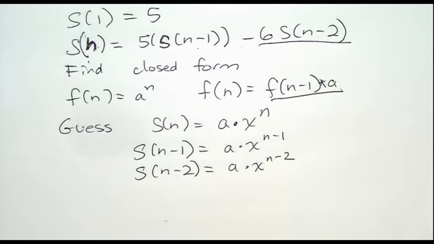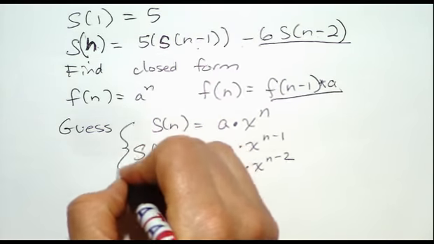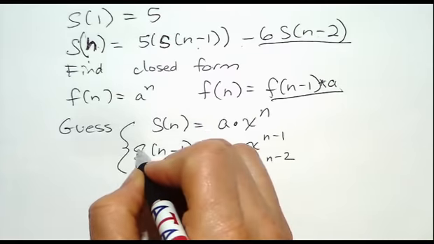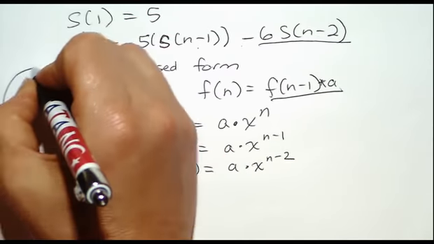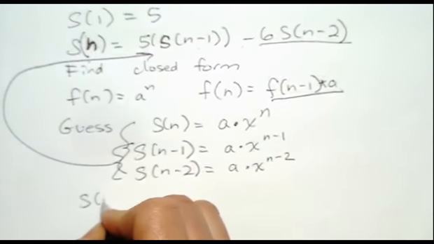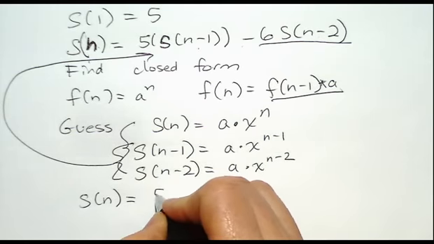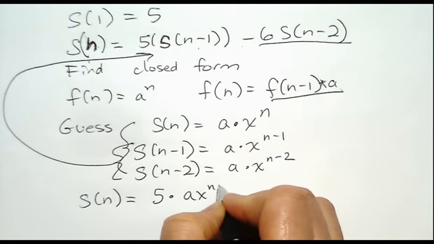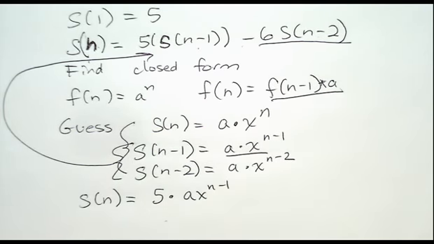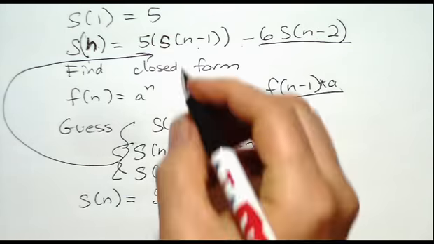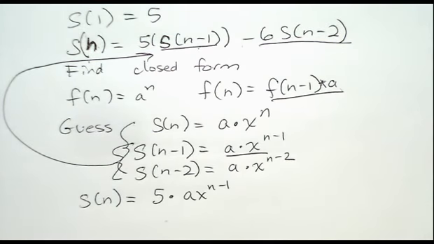And if that was true, then I could plug that back in to my S recursive formula, so I can actually put just these two on the right-hand side. So I just put these in to the right-hand side here and get S of n equals 5 times A x to the n minus 1. So all I'm doing is substituting in the right-hand side of S of n minus 1 for S of n minus 1 in this formula. And then I'm going to do the same thing for S of n minus 2.